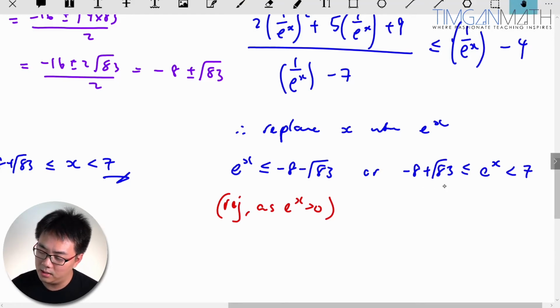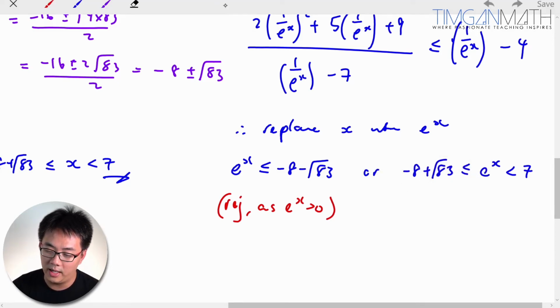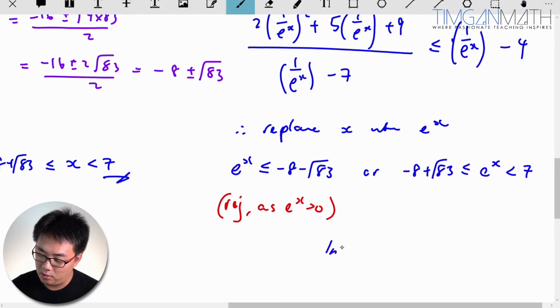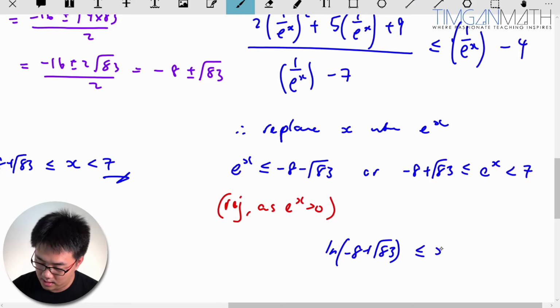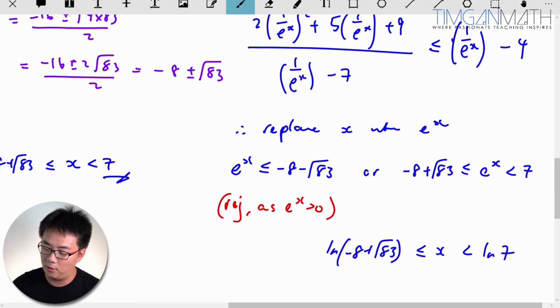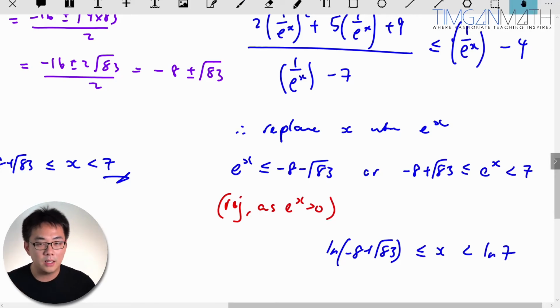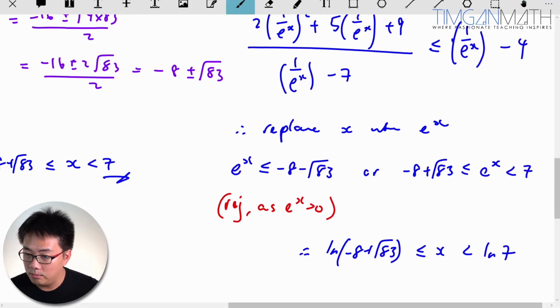And basically this is a positive number, so we don't really need to add a lower bound there. You can just ln, minus 8 plus root 83 less than x, and because it's an increasing function, you can just ln all the sides as such. Okay, so that would be your answer, I believe.